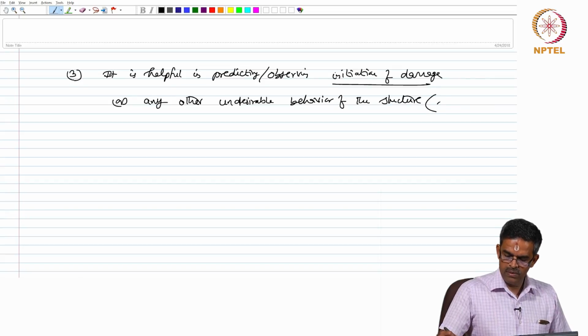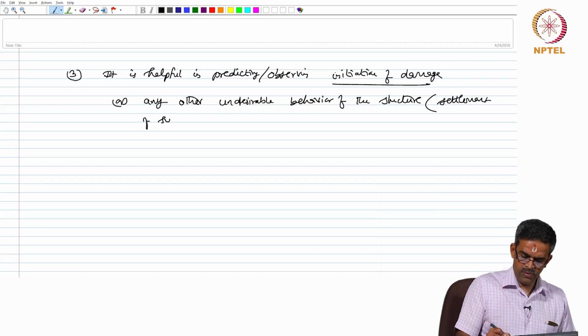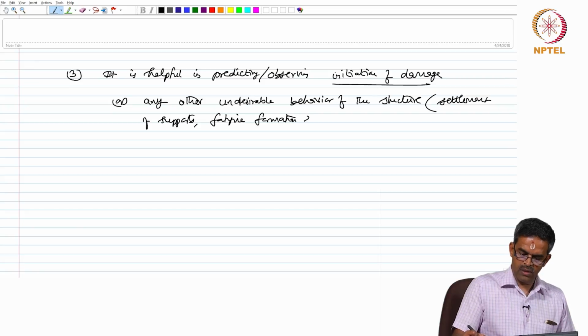For example, settlement of supports, fatigue formation, etc.